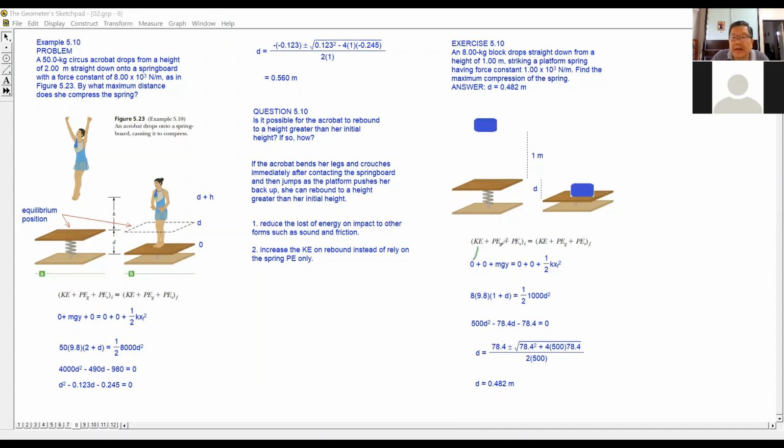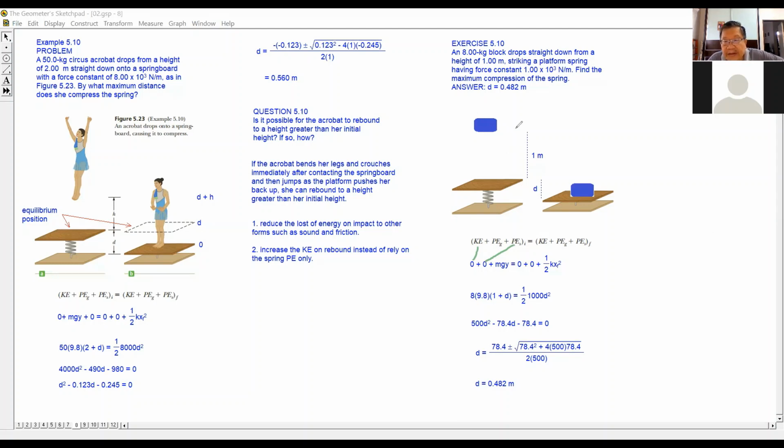Then the spring potential energy. The spring at first is not compressed because the load is still above the spring. So the initial potential energy in the spring is zero. Then we have the gravitational potential energy.